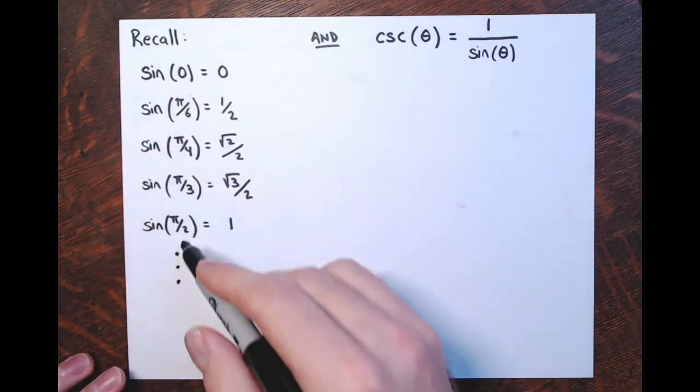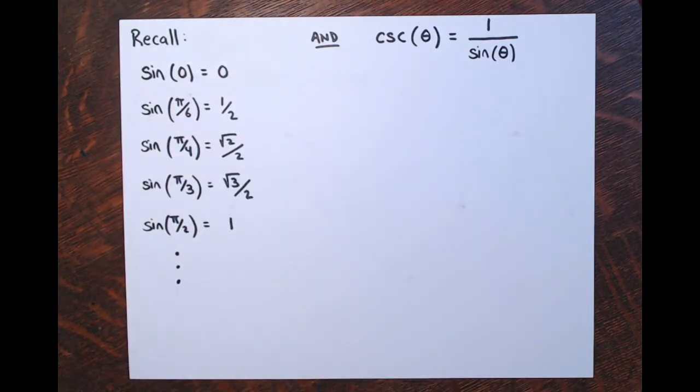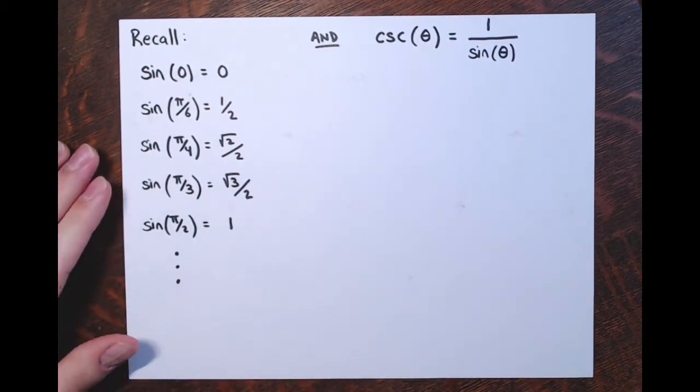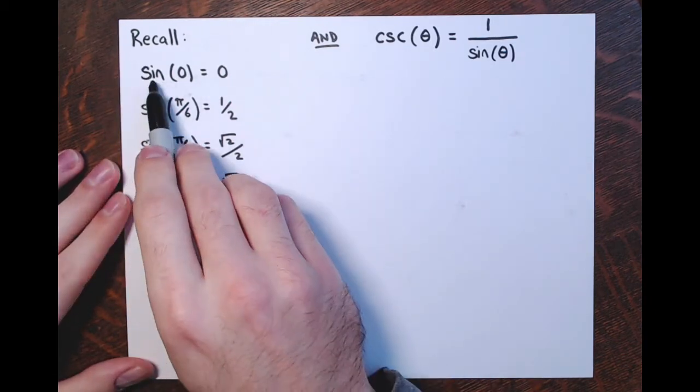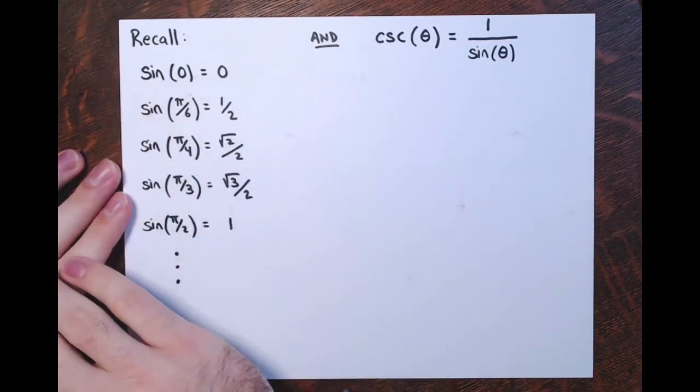What I have over here are the special angle measures from 0 to 90 degrees, or 0 to pi over 2 radians. These were angle measures that, if you drew them in standard position, would be in quadrant 1. Hopefully you remember these values. I brought these up in section 8.2 part 1 as well. The sine of 0 was 0.